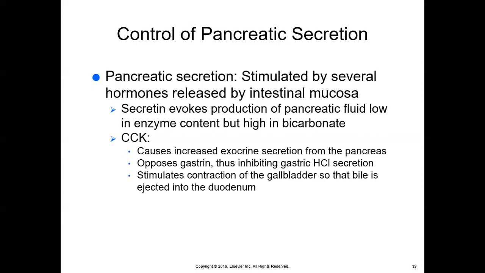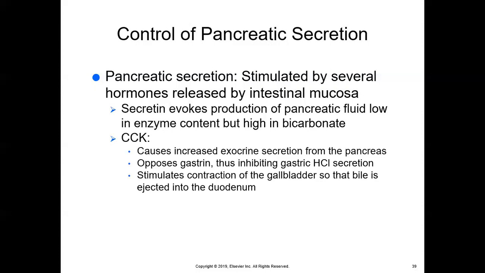It stimulates everything in terms of breaking stuff down. Now the CCK goes against gastrin. So when CCK is produced, now food has already gotten into the duodenum. Now CCK says, let's offset the gastrin, turn off the gastrin, turn off the hydrochloric acid. We need to neutralize the acid, and we need to get to the process of absorption.